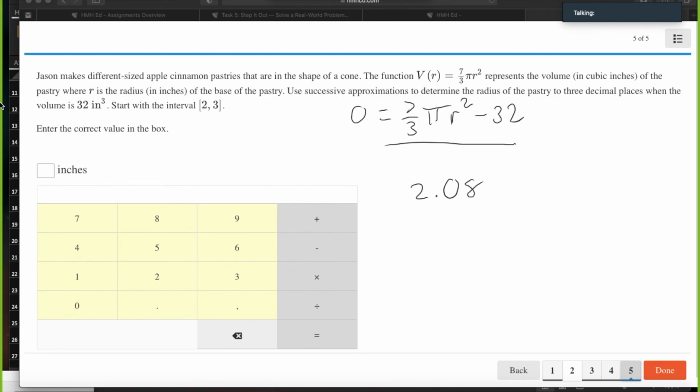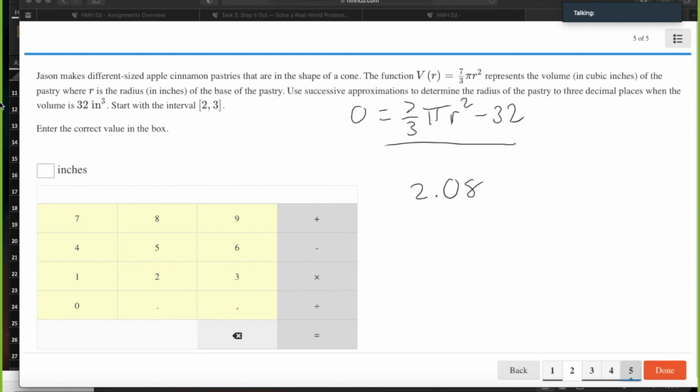How far are we going? To 3 decimal places. Okay, so I got to do one more. 2.081. 2.081 is a negative number. 2.082 is a negative number. 2.083, but we're getting closer. 2.084, 2.085, 2.086, 2.087, 2.088.